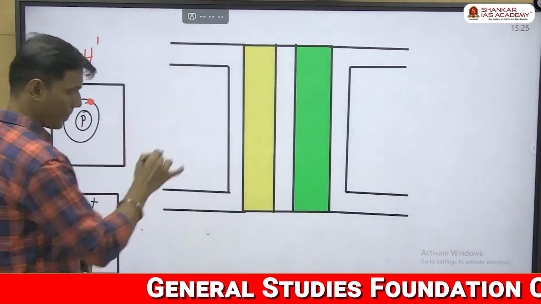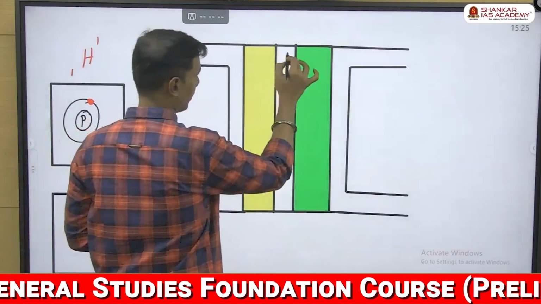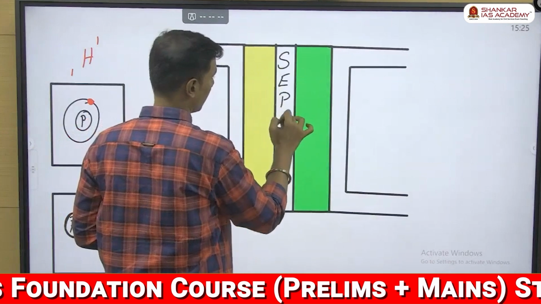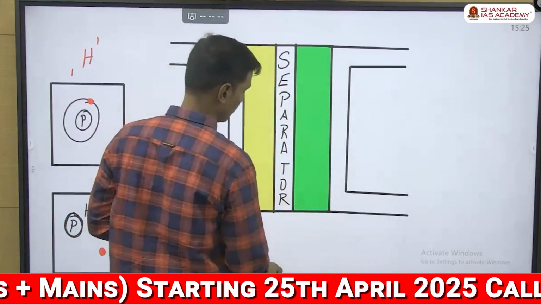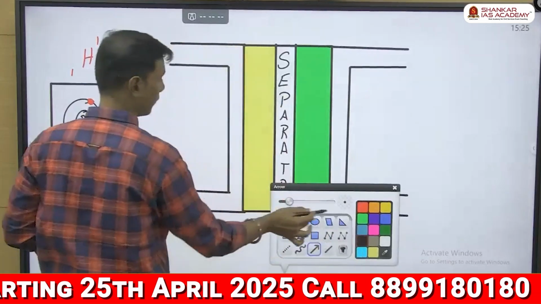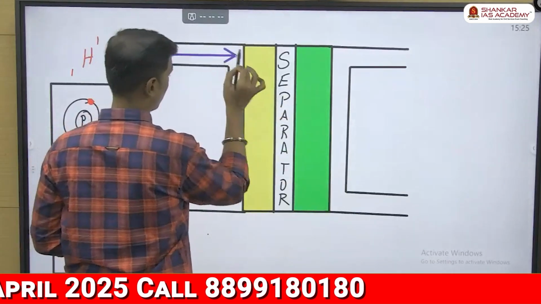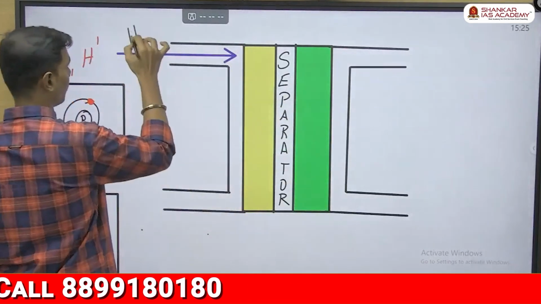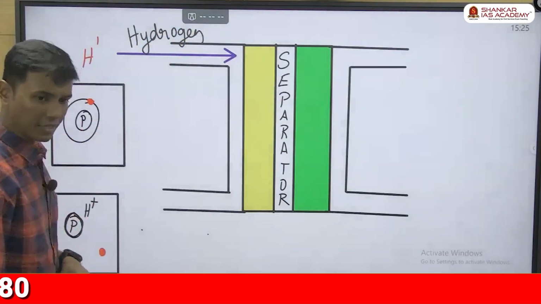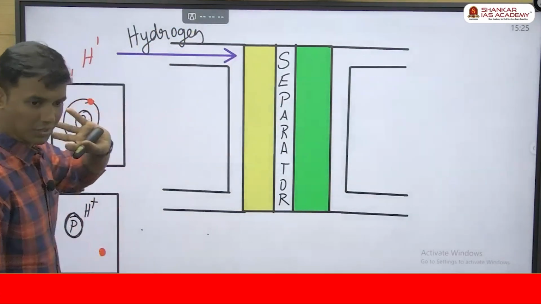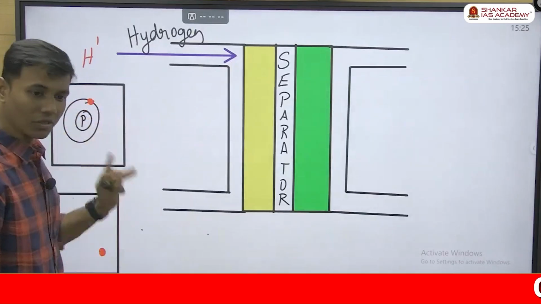We take a cell here and then we have something called a separator. Understood this? First, we are going to give hydrogen fuel. So hydrogen fuel is introduced inside. The hydrogen reaches here. Hydrogen undergoes oxidation.